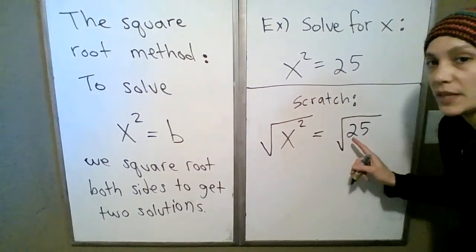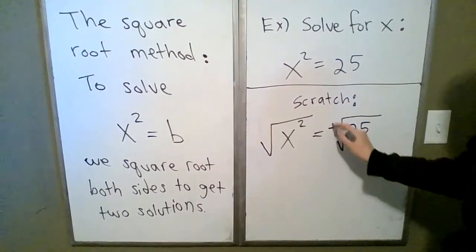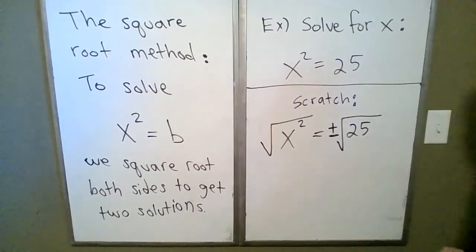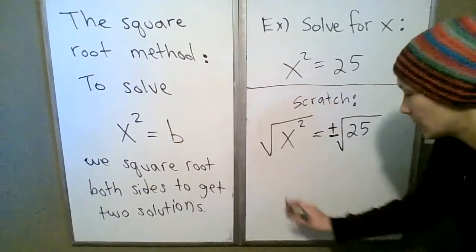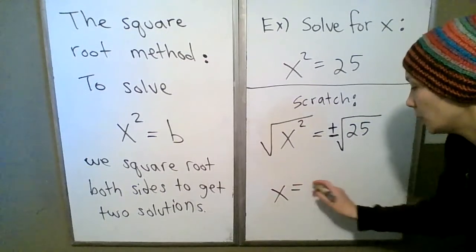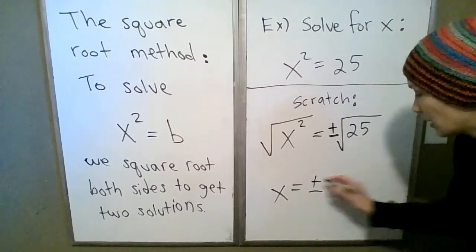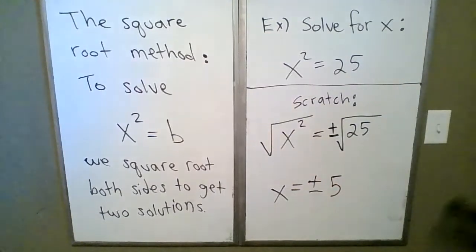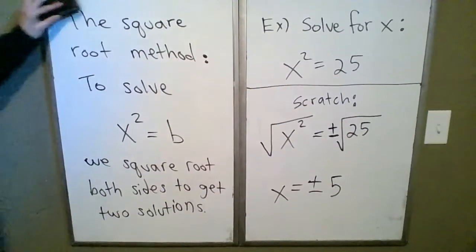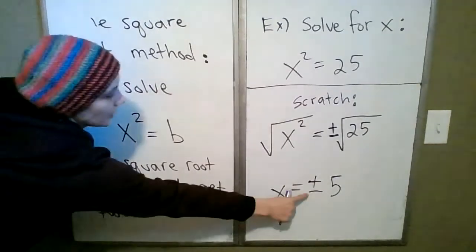It'll put a plus or minus in front of the square root of a number. So the root of x squared is x, and it's equal to positive or negative root of 25, which is 5. So there's two solutions. There's a positive 5 and a negative 5.